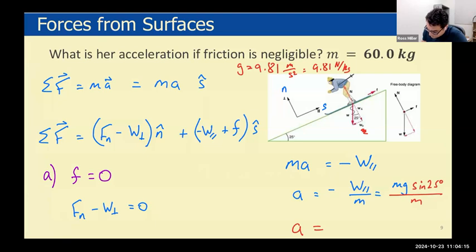So it turns out the mass divides away. And I could say the normal force has got to be mg cosine theta. And so if I bust out a calculator, sine 25.